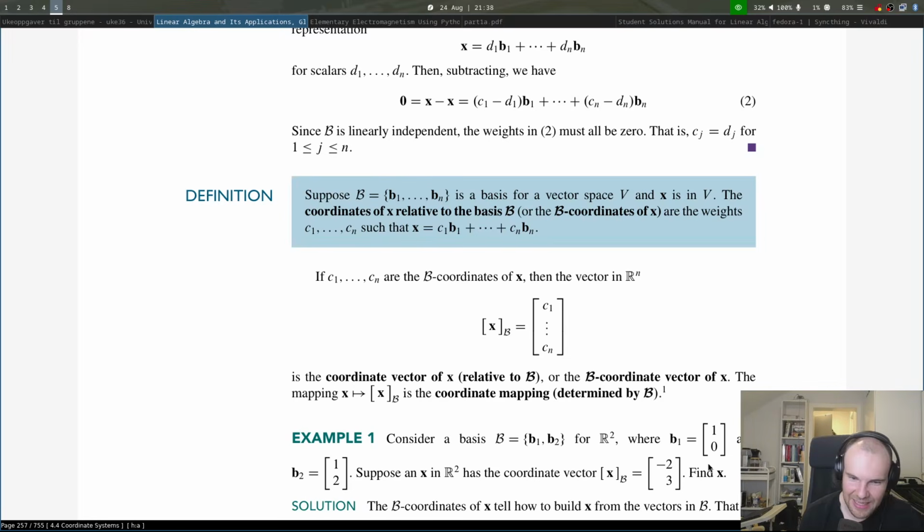And then suppose that x in R2 has the coordinate vector, so x relative to our basis is equal to -2, 3, like that. Find x. So find x in the standard basis, that's what they're asking.